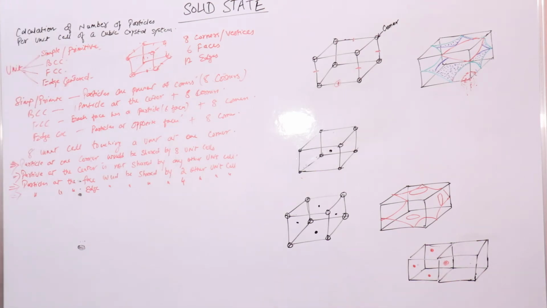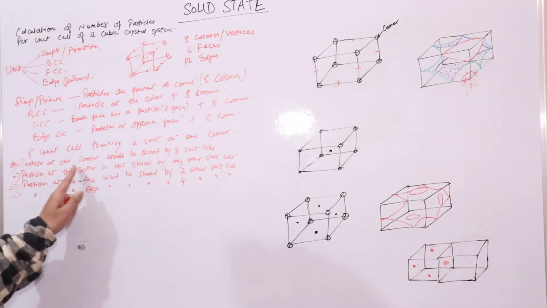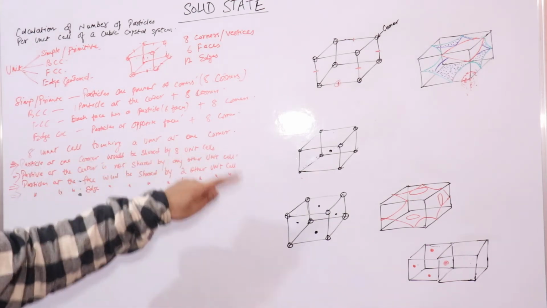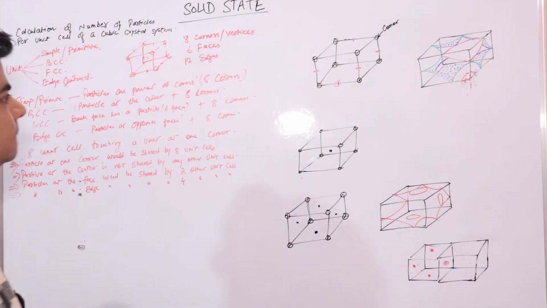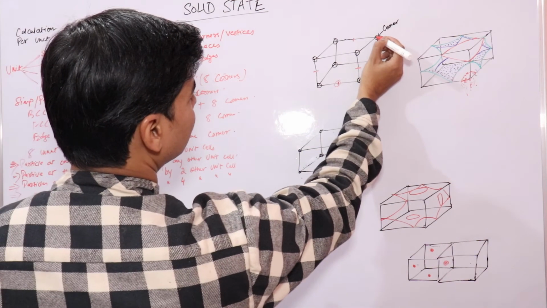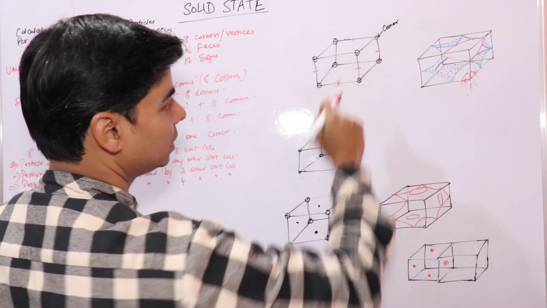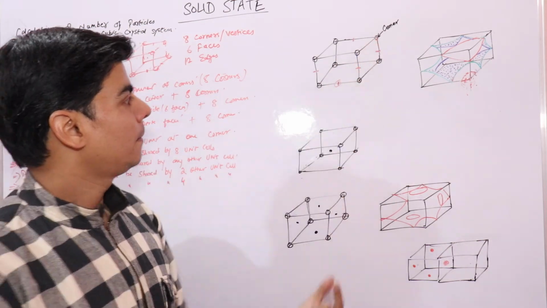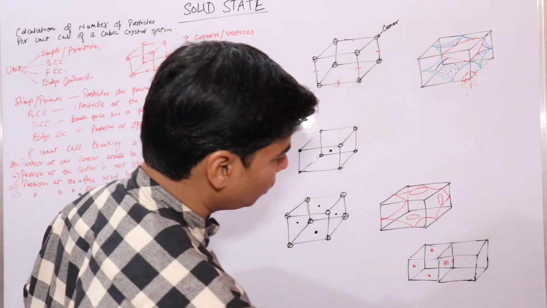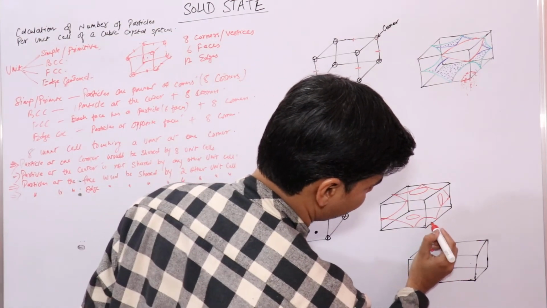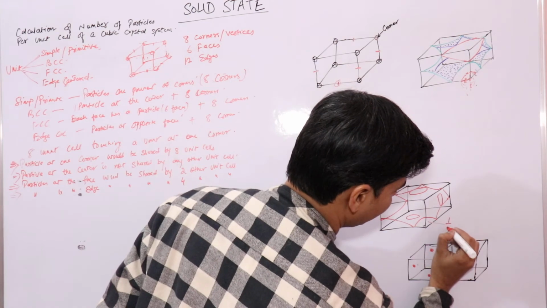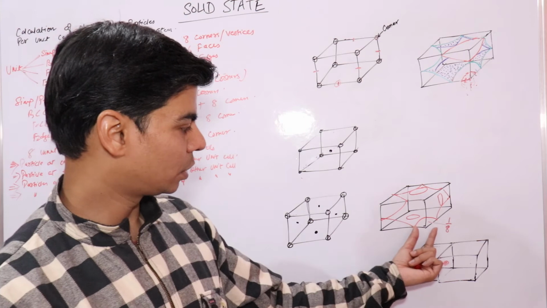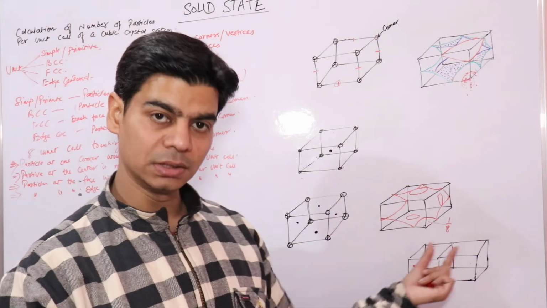So let's calculate the particles. First one, the particle at one corner would be shared by 8 unit cells, right? So if this is the particle, and this particle is shared by 8 unit cells, this represents 1/8, since this corner has 8 other unit cells.